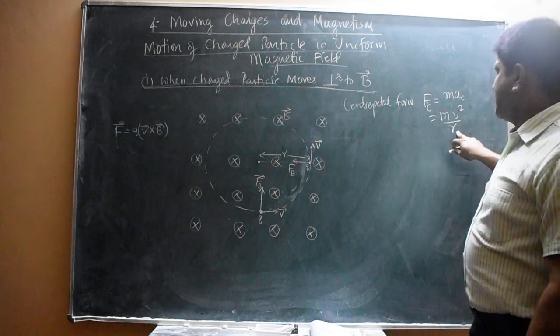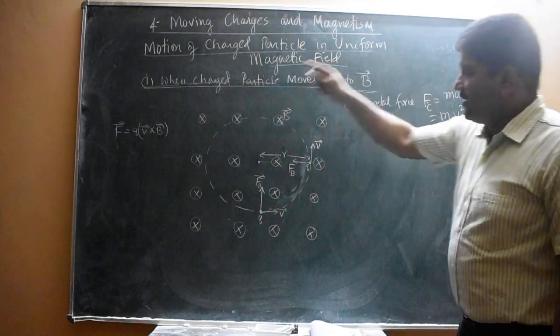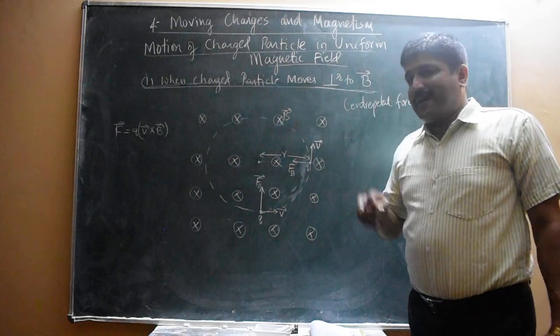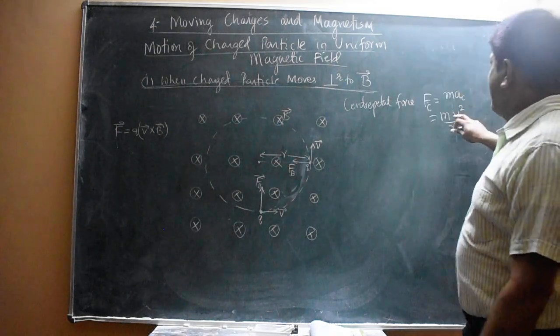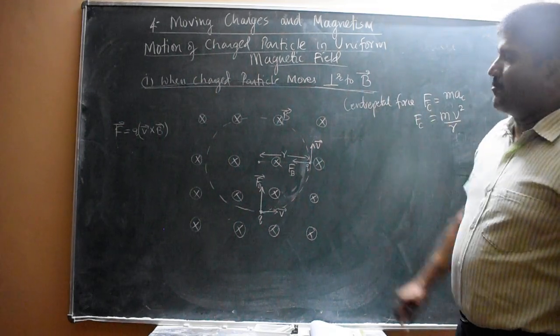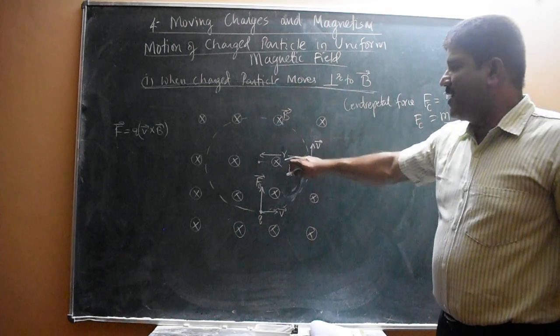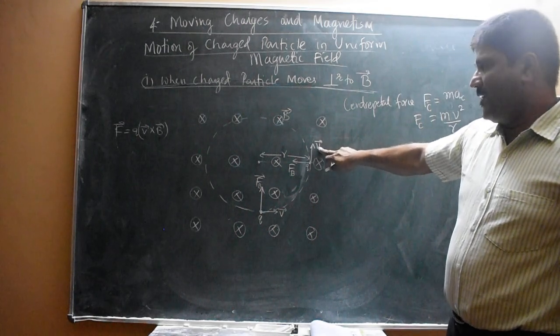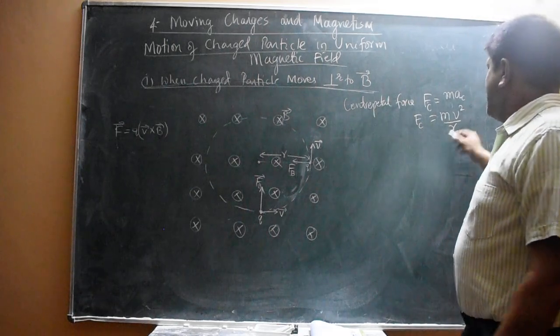So r is the radius of the charged particle describing the circular motion, this radius of the trajectory. So mv square by r is the centripetal force required for the charged particle to describe the radius r when it is moving with the speed v. Magnitude of velocity is v.